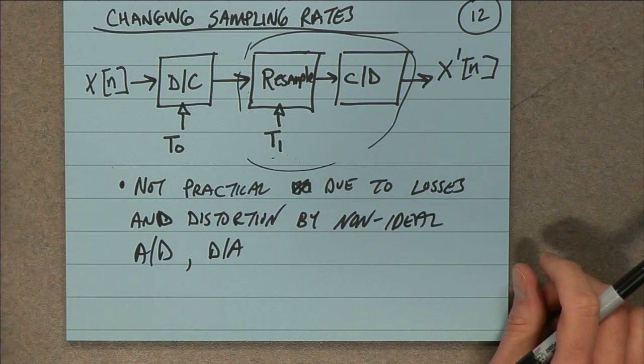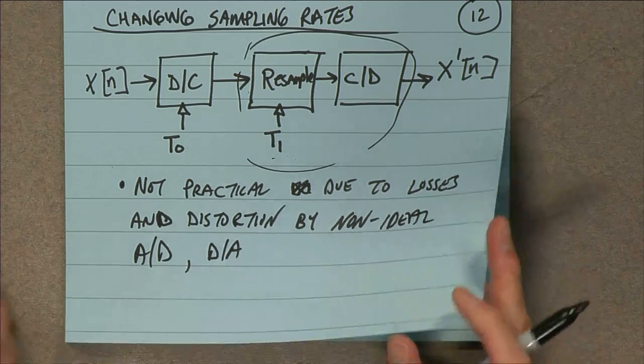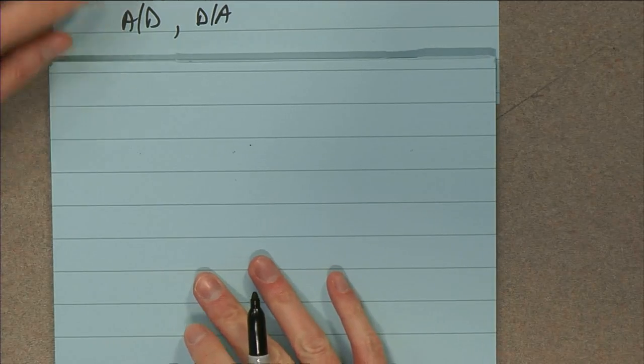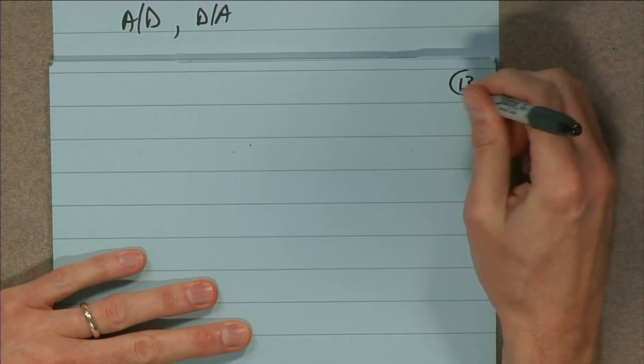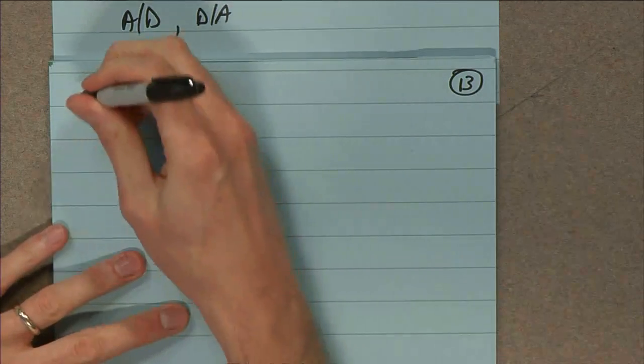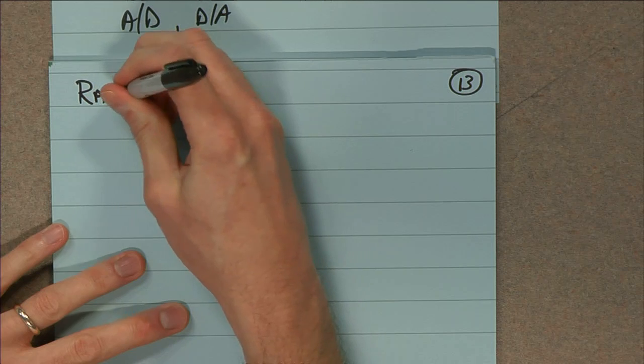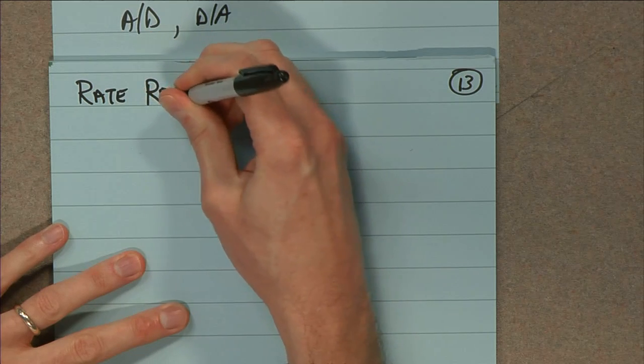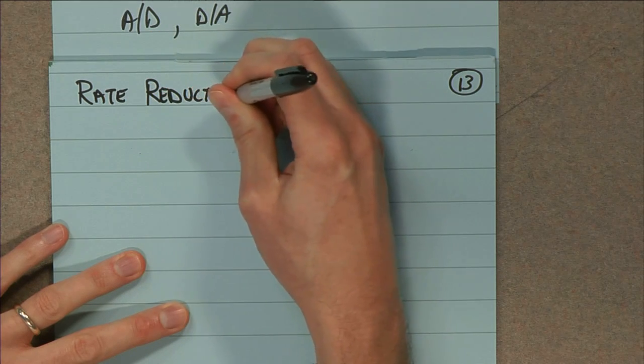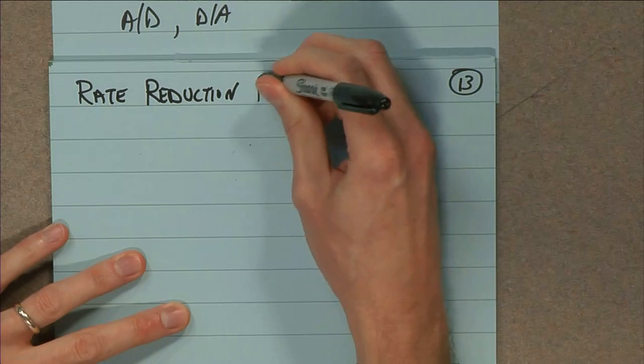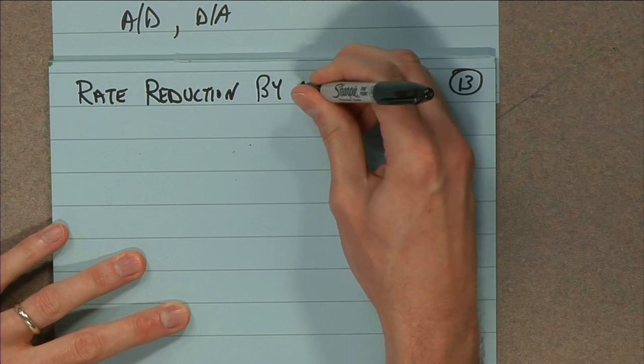So if you could just stay in the discrete time domain and do this, it would be very useful. And so as I said, it can be done, and so we're going to talk about how to do it. We don't need to do that approach. So the first thing we'll do is talk about just rate reduction. And we'll do it by an integer factor.